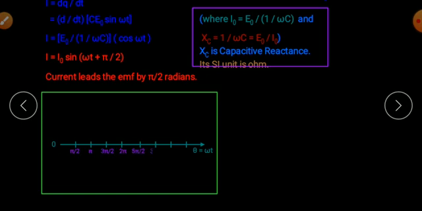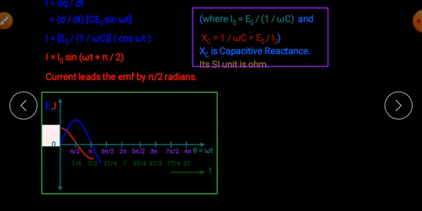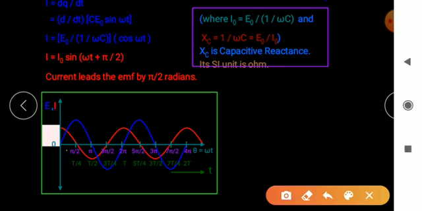In this figure we see that when the EMF is 0, the current is maximum. At this point we see that EMF is 0 and current is maximum, and at this point current is 0 and EMF is maximum.